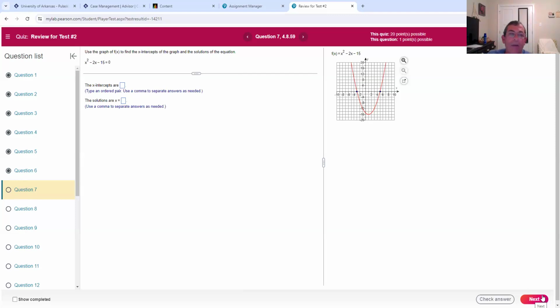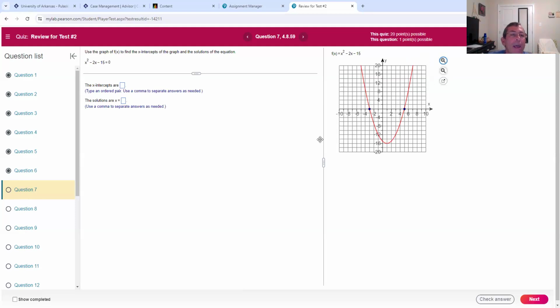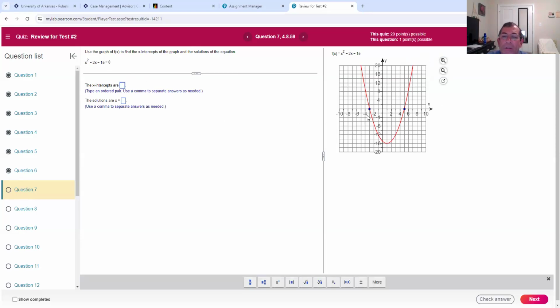All right, number 7, they're giving us everything right here. Okay, so y'all, let me make that bigger. They're giving you the graph, and they just want you to find the x-intercepts and the solutions. Well, the x-intercepts are the 2 black dots, but they have to be written as ordered pairs. So that first one is crossing the x-axis at -3.